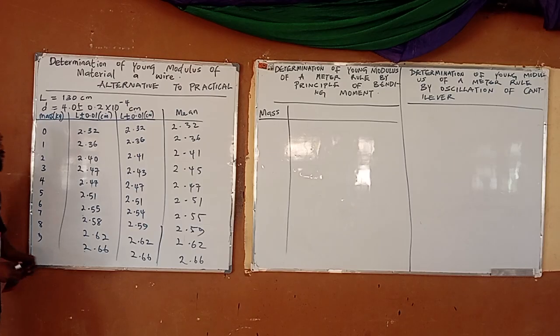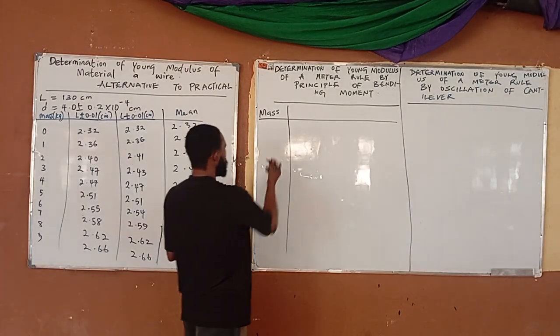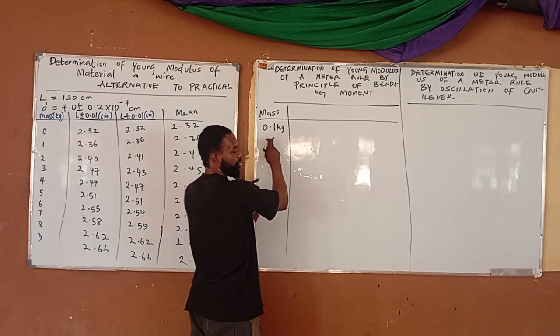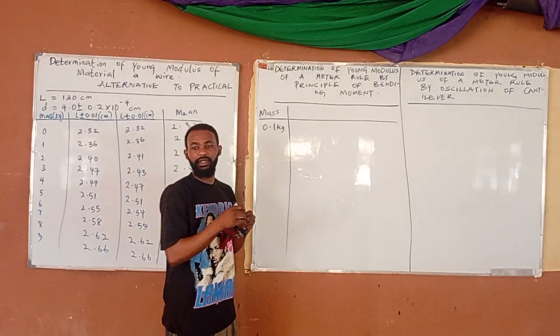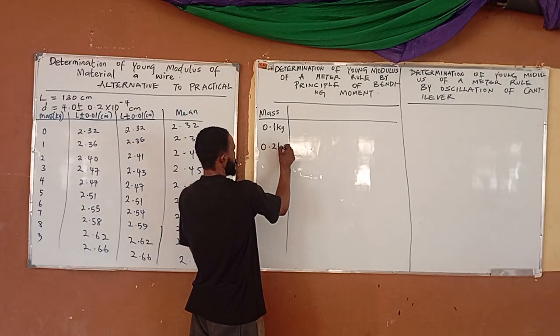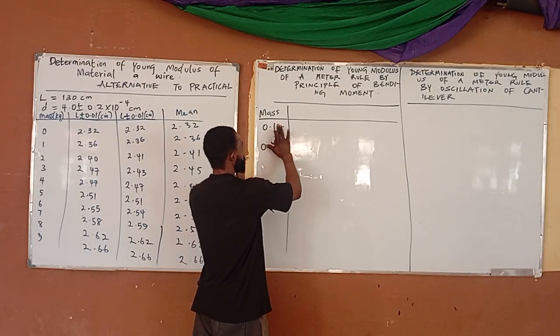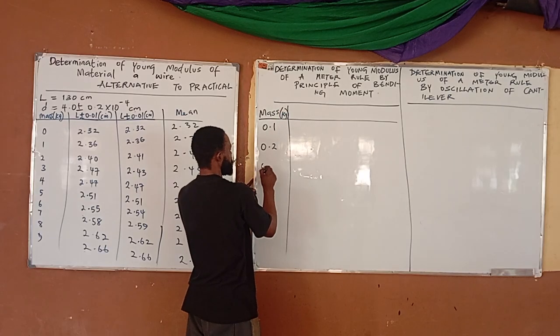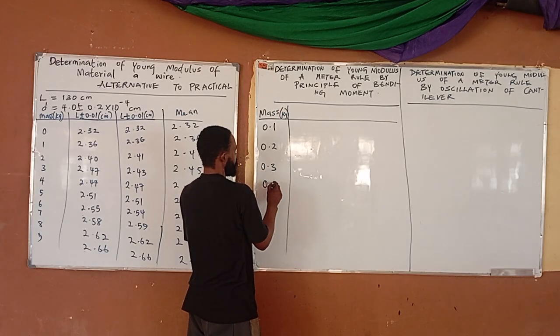Okay. Here, let's say I have 0.1 kg. 0.1 kg is the same thing as 100 grams. Okay, let's say I have 0.2 here. And you know I don't have to be putting this kg. This place will do the job. Then I have 0.3, 0.4, 0.5.